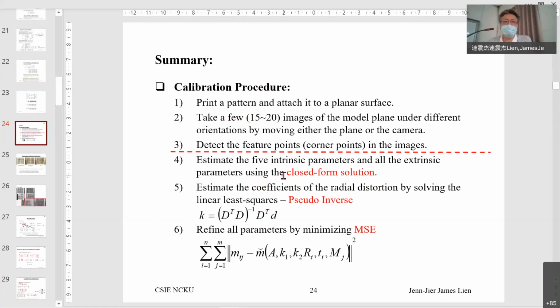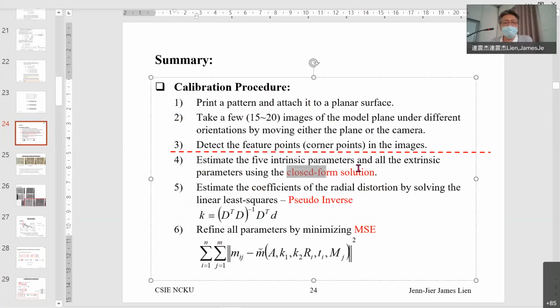So next week I'll teach you all the process, the optimization process. I'll teach you the closed-form solution. I'll teach you the pseudo inverse, because this calibration includes both. And finally, this is sum square difference. But when you solve this one, you need to use the EM method.